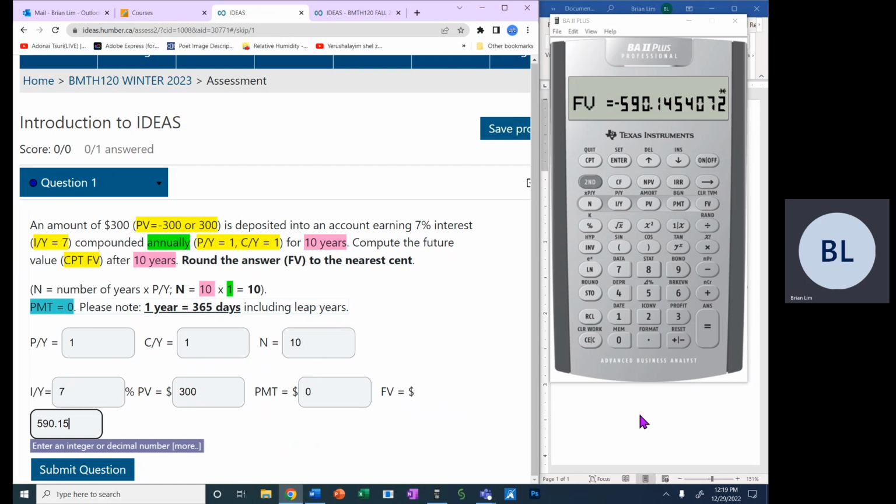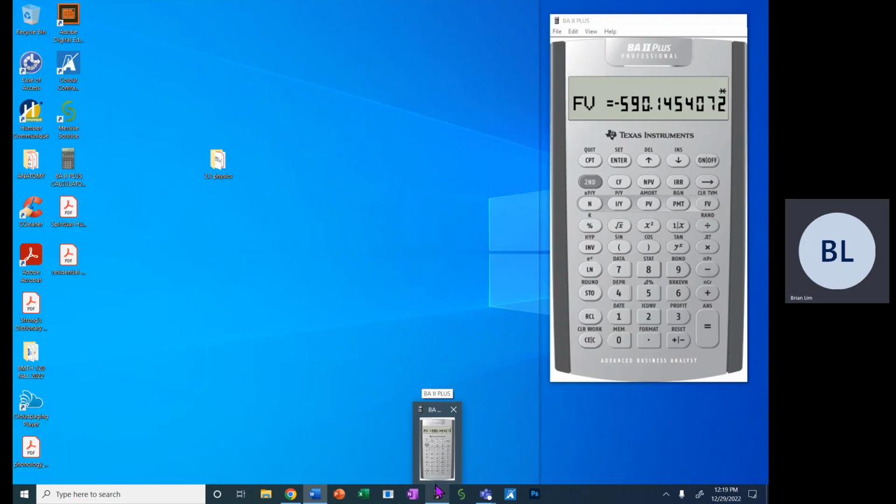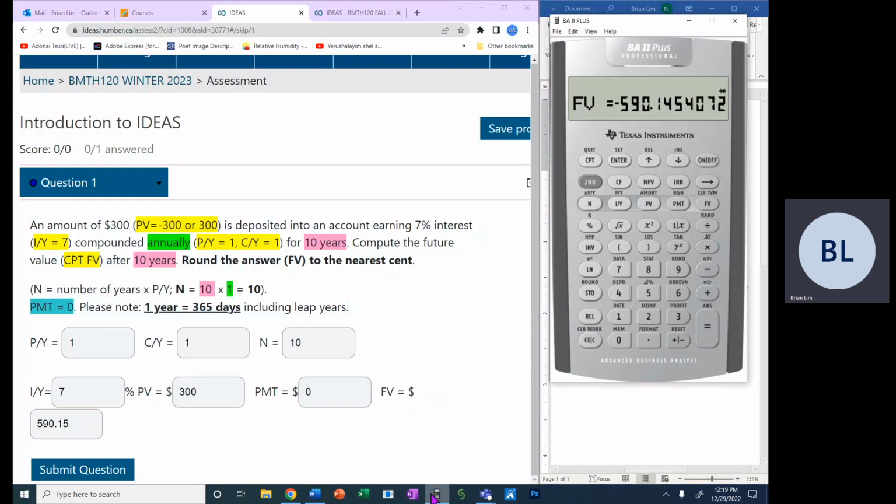Okay, now if we go and look at the answer we got, yes, it was indeed the same answer using their formula. But as things get more complicated, you will find that the calculator is the instrument of use. Why? Because it's easier. It's already been programmed into the calculator, all these formulas, so it's very simple to do.